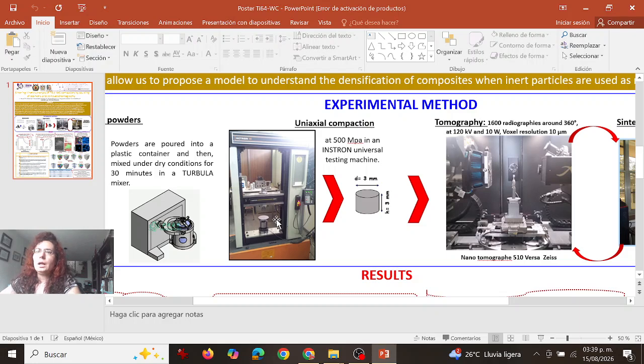This is a photo of the Instron machine, and we did the compaction at a pressure of 500 megapascals. Here we can have a look at the sample we obtained, and our sample was 3 millimeters wide and high.